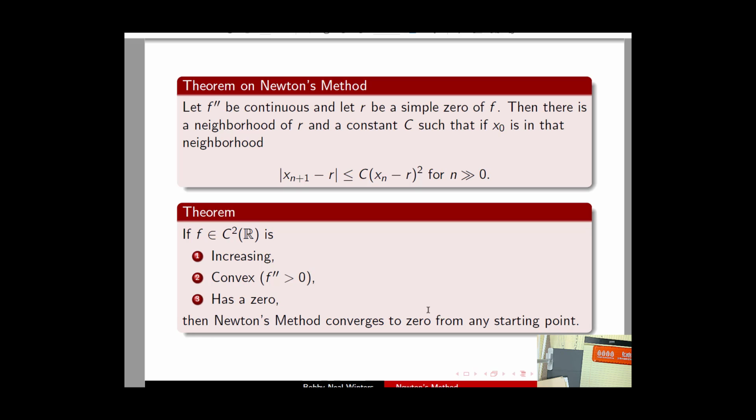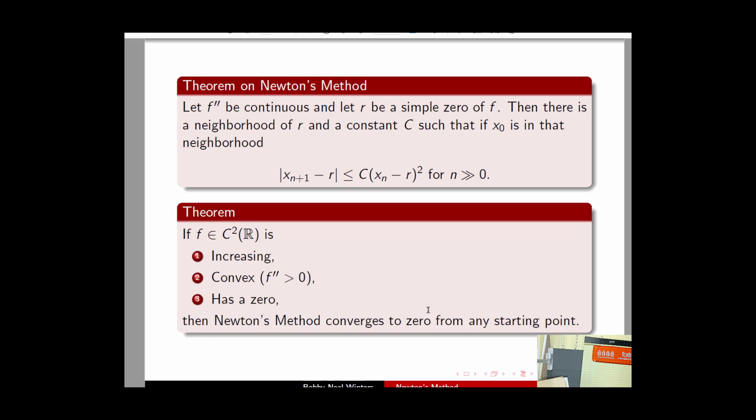All right, so the theorem on Newton's method we summarize. Let f double prime be continuous, and let r be a simple 0 of f. So that means that f of r is 0, but f prime of r is not 0.